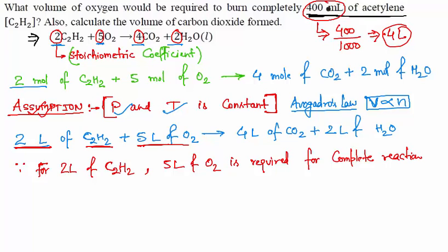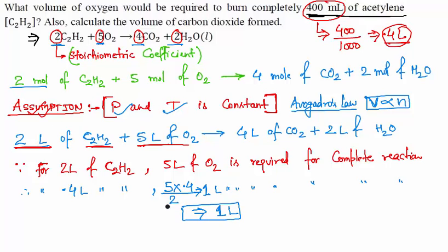For 0.4 liter of C2H2 we need 5 into 0.4 upon 2, which equals 1. So 1 liter of oxygen is required for complete reaction. The first part is over; the answer is 1 liter.